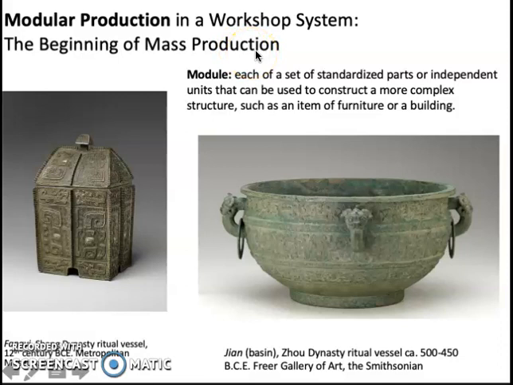So it's often said in the West that Henry Ford, with the Ford assembly line, automobile production, invented mass production, but no, it was invented in the Zhou dynasty in 700 to 500 BCE, where you start to get standardized parts or interdependent units that are used to create a complex structure, right?